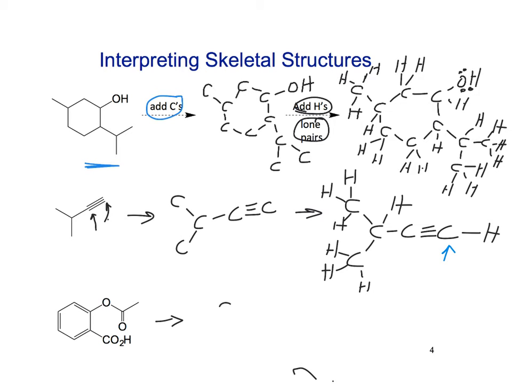So we have another ring. This ring has an oxygen on it. That oxygen has a carbon and another carbon, and a double bond to an oxygen.